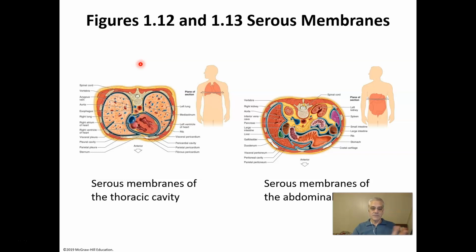So, of course, visceral pleura is close to the lung, and parietal pleura is away from the lung, or slightly away from the lung. And in between those two is called a pleural cavity. That's where the serous fluid is. That's where this slick, slippery stuff is, and allows your lungs to slide around as you're breathing.